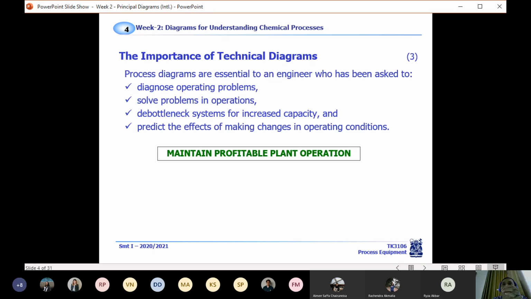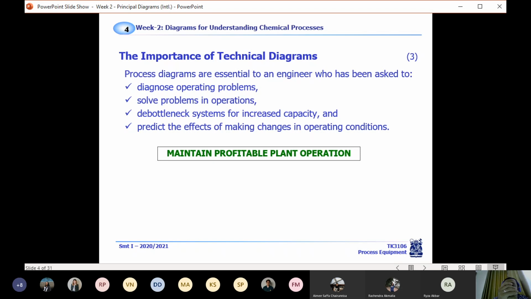It's very difficult if you come to the plant and directly go to the site and see the operation there. So it's much better to first understand the technical diagram of the plant, and after that you go to the site.